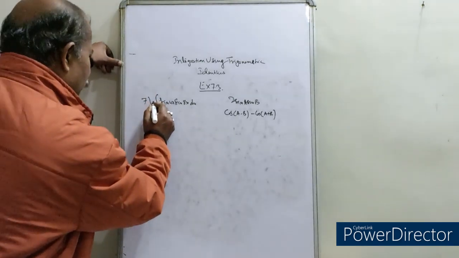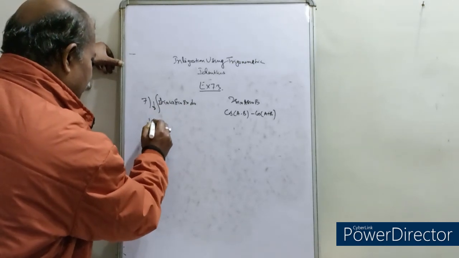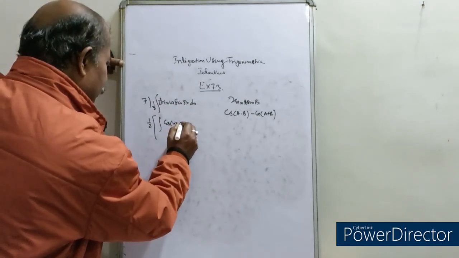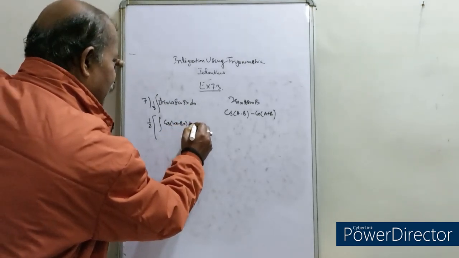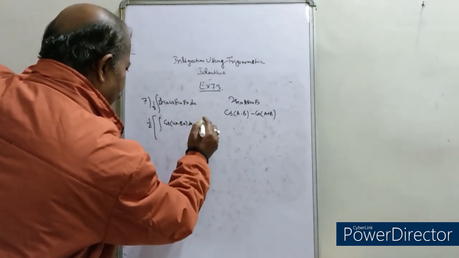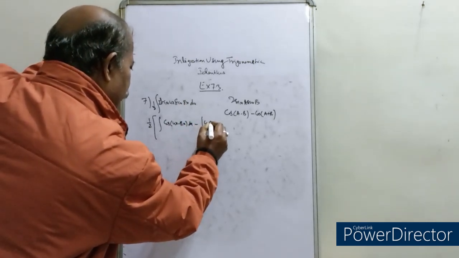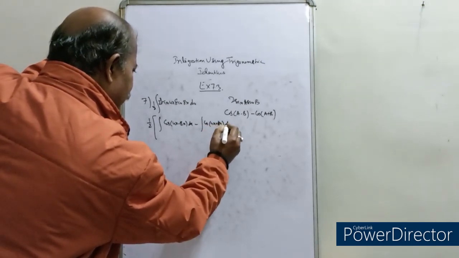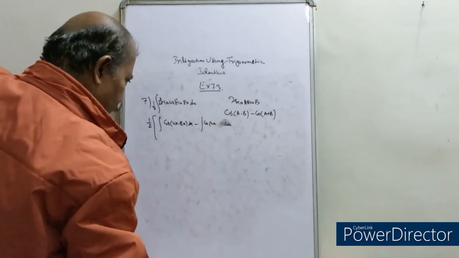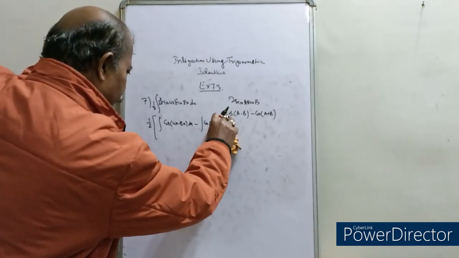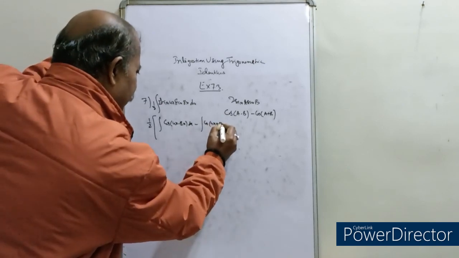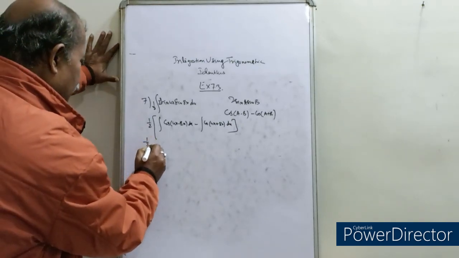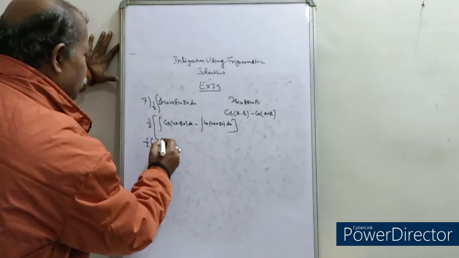So here again 1 by 2, 2. So 1 by 2, this is integration. It will be cos of 4x minus 8x dx minus cos of 4x plus 8x dx. So here this will be 1 by 2, integration cos minus 4x.